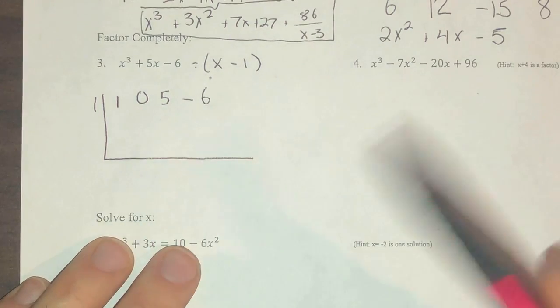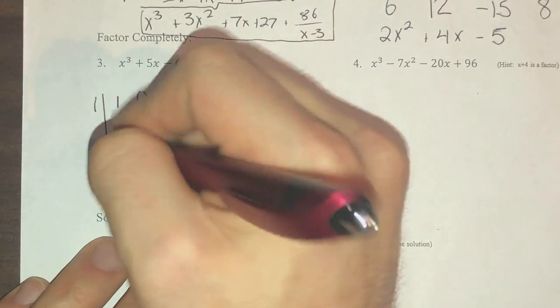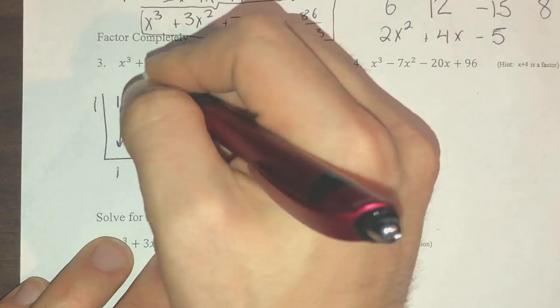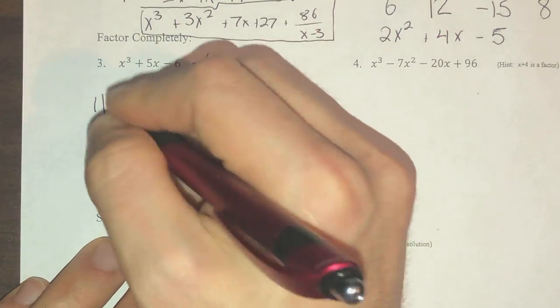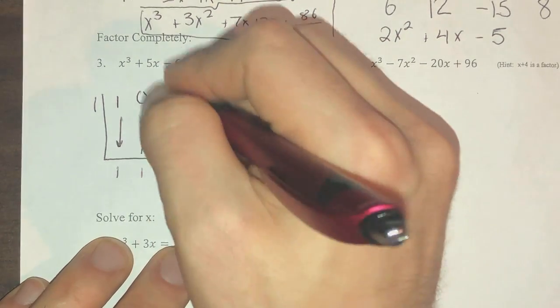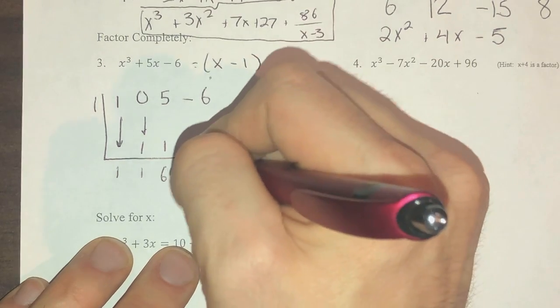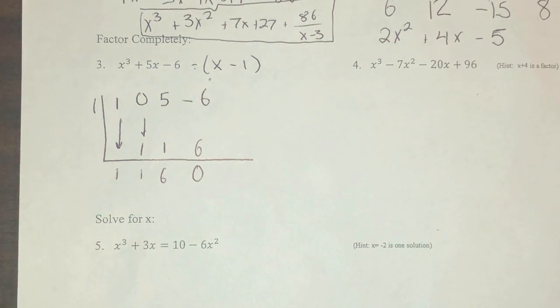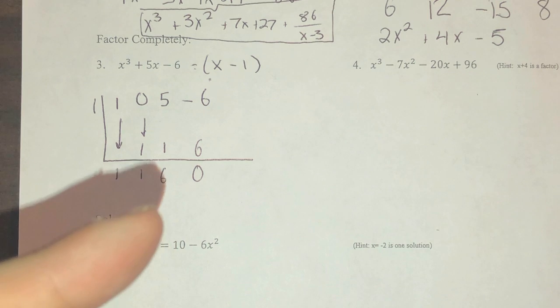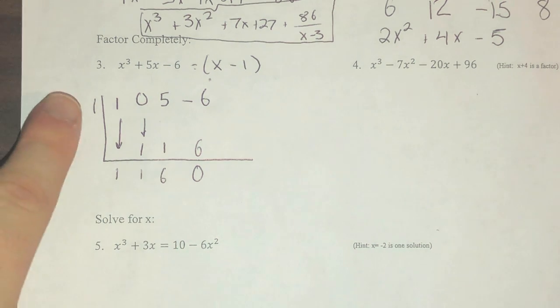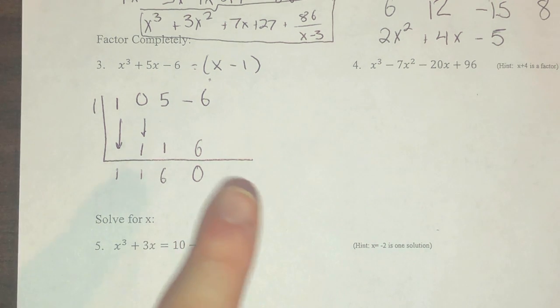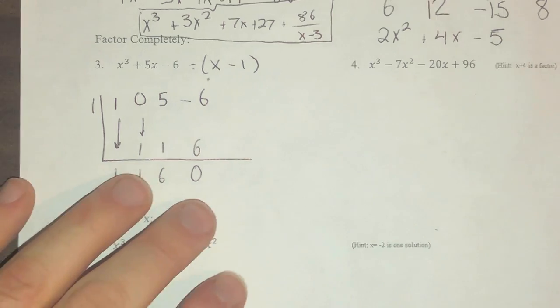Again, if you miss the 0, it's kind of game over there. So drop the 1. 1 times 1 is 1. 0 plus 1 is 1. 1 times 1 is 1. 5 plus 1 is 6. 6 times 1 is 6. Negative 6 plus 6 is 0. If you did not get a 0 for your remainder, that's telling you this number can't be a factor, because if it's a factor, you're not going to have a remainder.